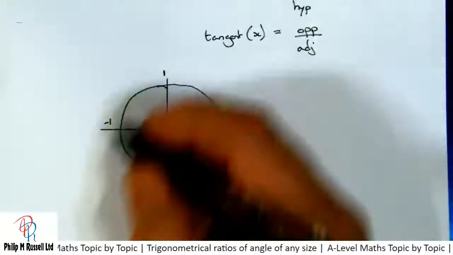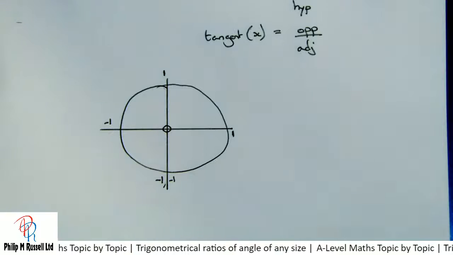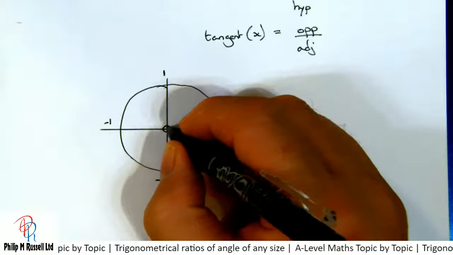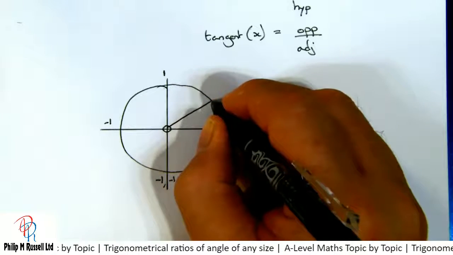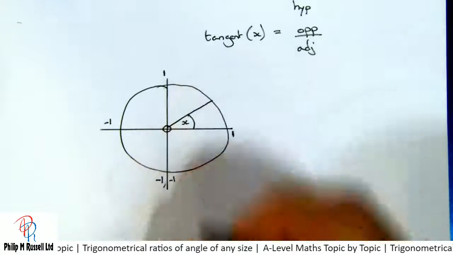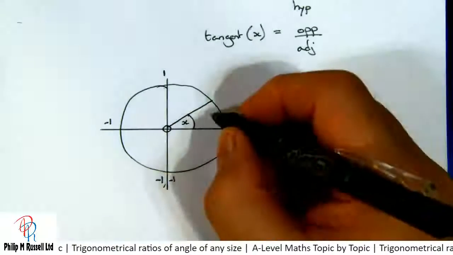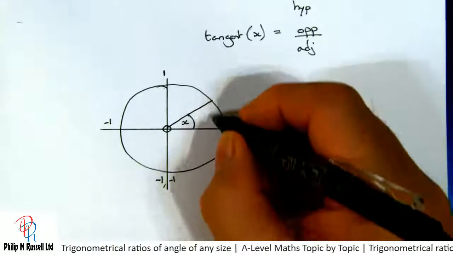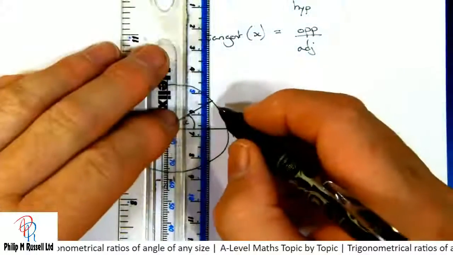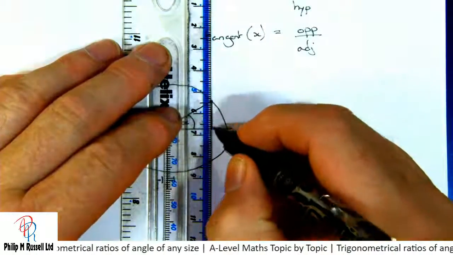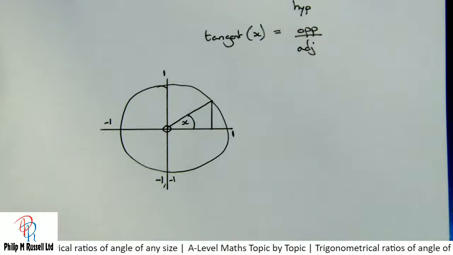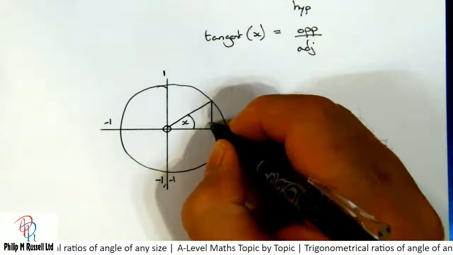So I've just drawn in a simple circle, and if I look at an angle, and let's give this angle a name, we'll call it X here, then I can work out this as a right angle triangle, because what I need to do is drop a perpendicular down from there, and what I've got is simply a right angle triangle.